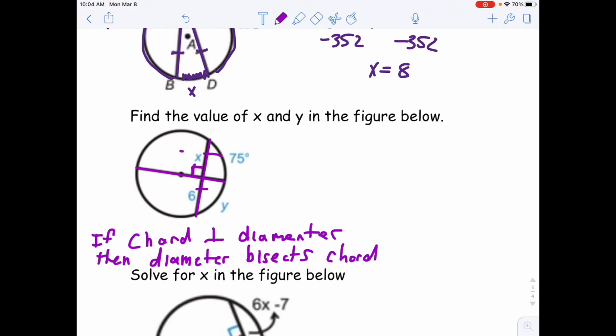That means, really quickly, x equals 6, and thus y is going to be 75.